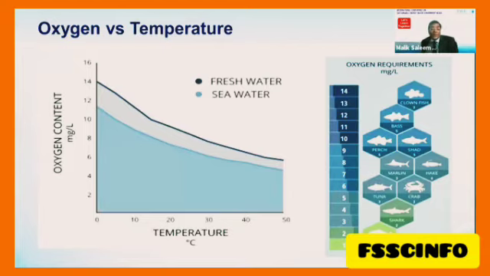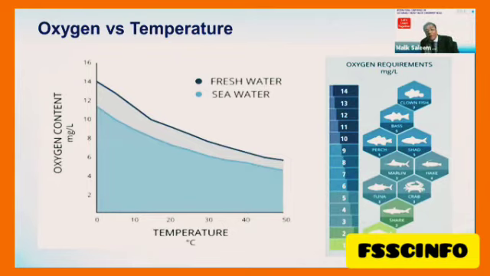Similarly, oxygen is an important factor present in the water. Normally, in fresh water, around 6 to 8 milligrams per liter of oxygen is present, which is very much required for aquatic life. This is a graph for your better understanding at various temperatures.